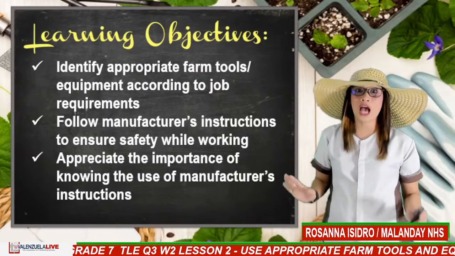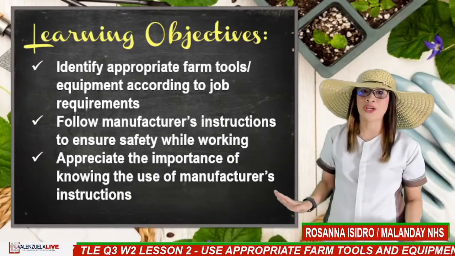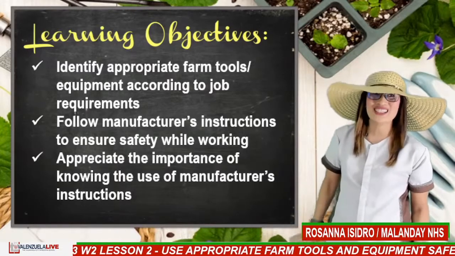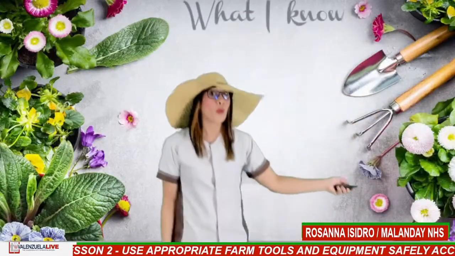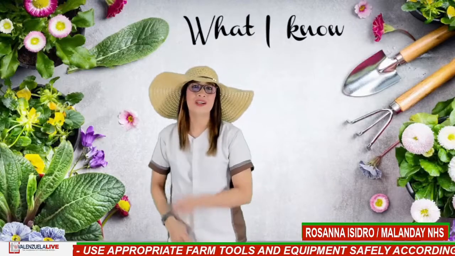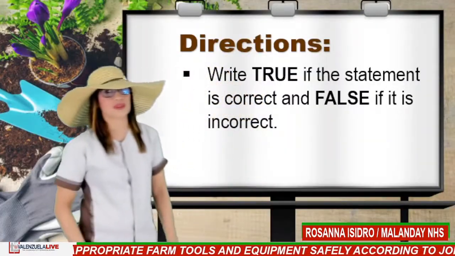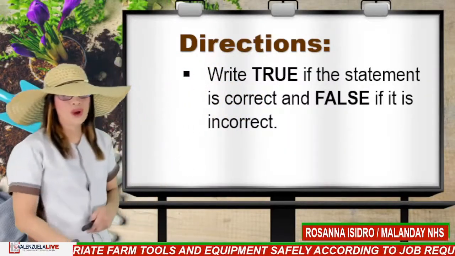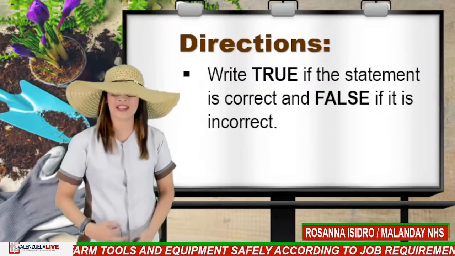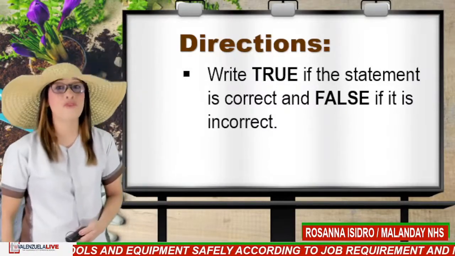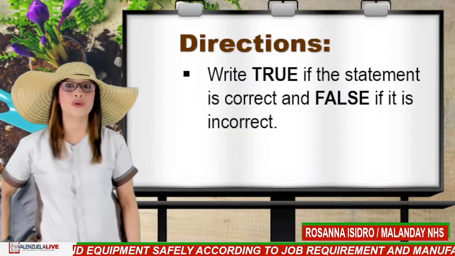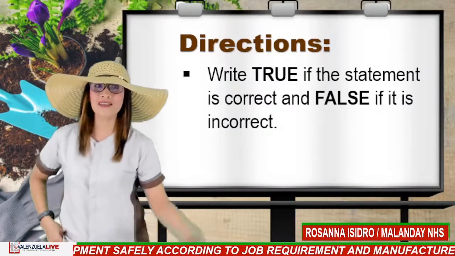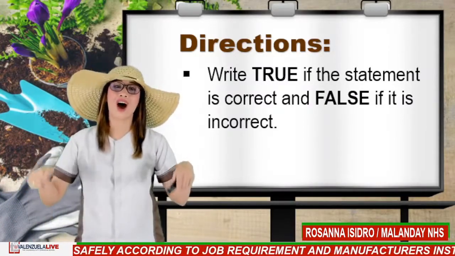Let's find out what to discover in our lesson by answering What I Know. Directions: Write true if the statement is correct and false if it is incorrect. Write your answer in the comment box.